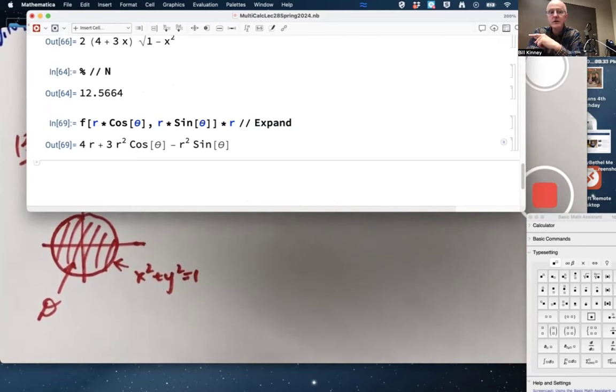It's not too difficult to do. Think about it. Integrating that with respect to r, treat theta as a constant. You get a 2r squared when you integrate that one. You get r cubed cos theta when you integrate that one. And minus r cubed sine theta over 3 when you integrate that one. Inner integral would be easy.